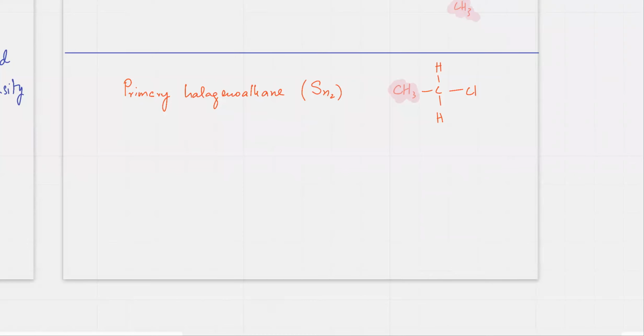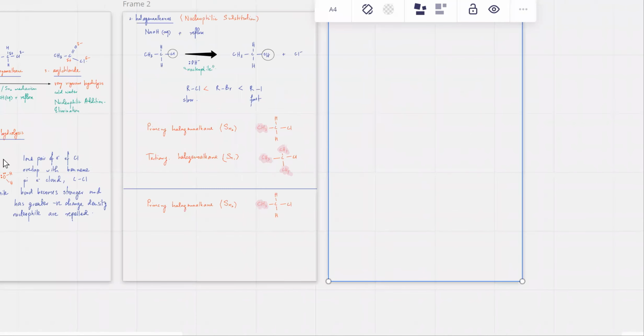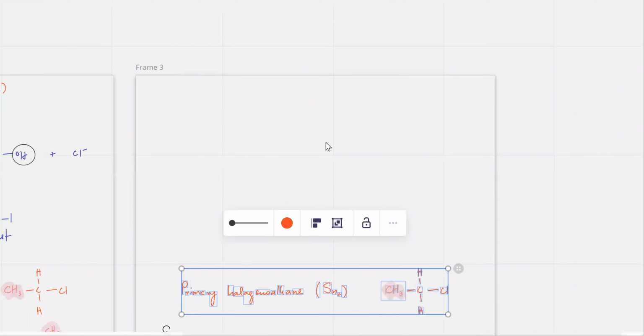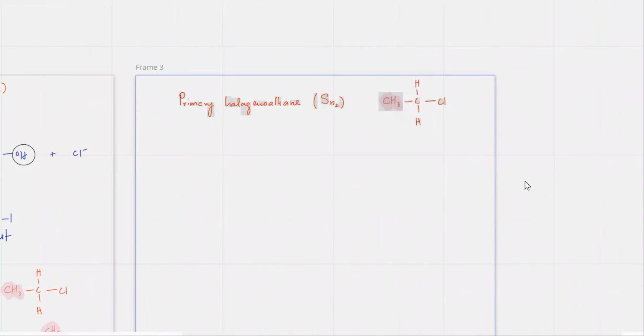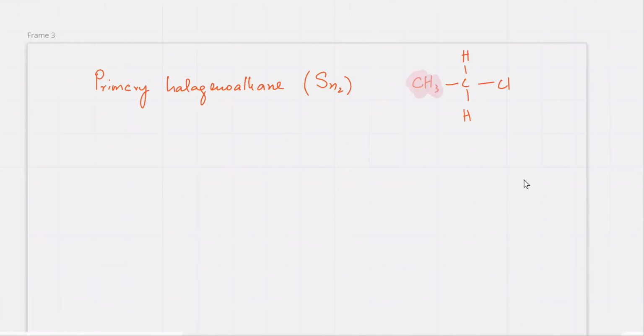The thing with this is, I think I should start on the next page. If you look at a primary halogenoalkane, it's got just one carbon chain.